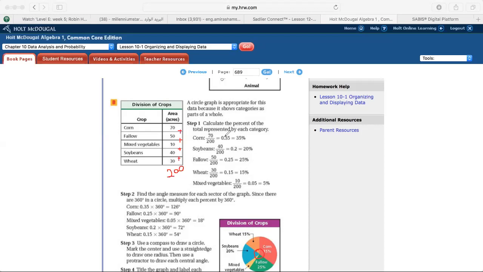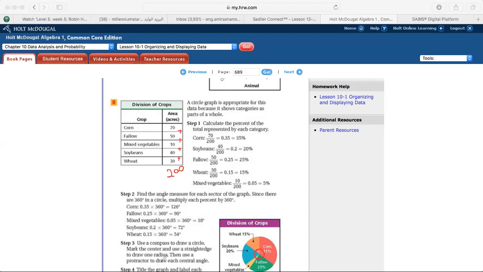After calculating the percent for each ingredient or each component, I take each percent and multiply it by 360, each decimal number I multiply by 360. Why 360? Because 360 is the whole angle, and 0.35 is a part of the 360 angle.